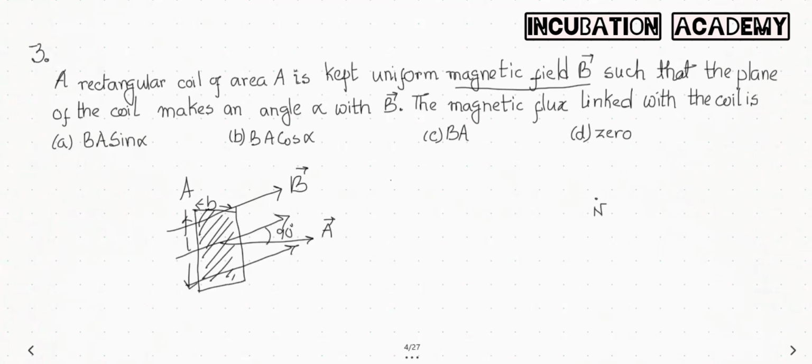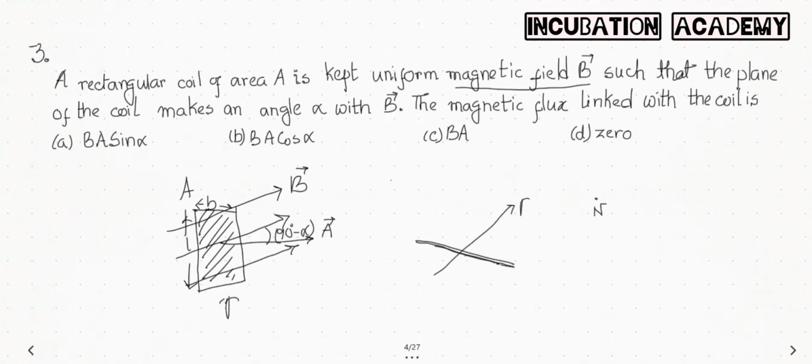minus alpha. If I draw it from another view, let us say this is the coil, seen from this side, and this is the magnetic field line.